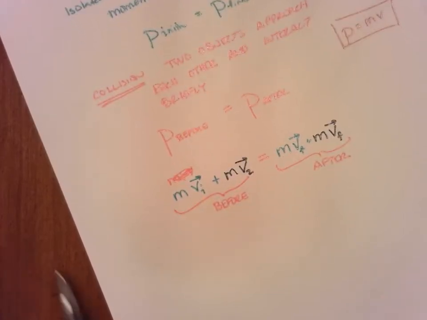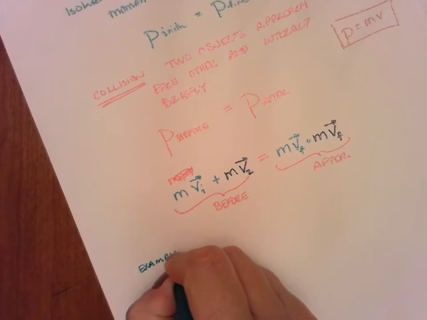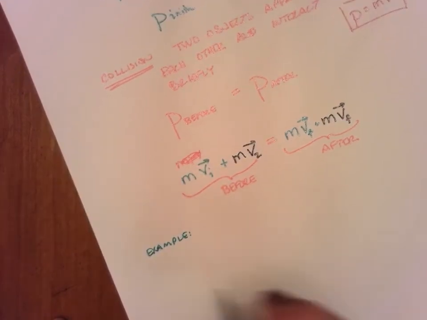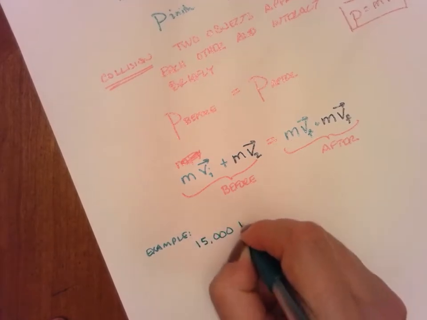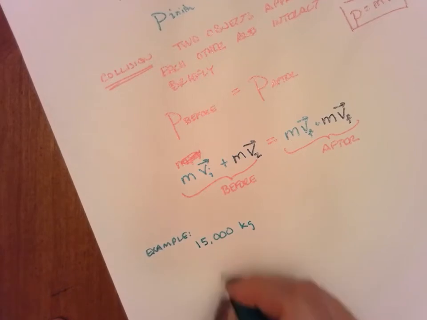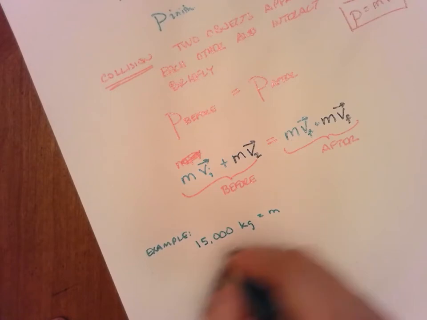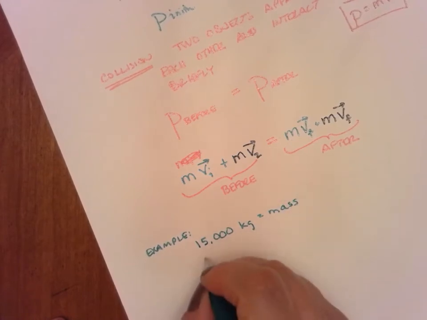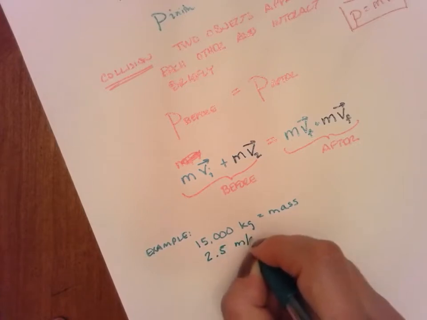Here's an example. I have a 15,000 kilogram railroad car moving at, so that's my mass, and it's moving at 2.5 meters per second.